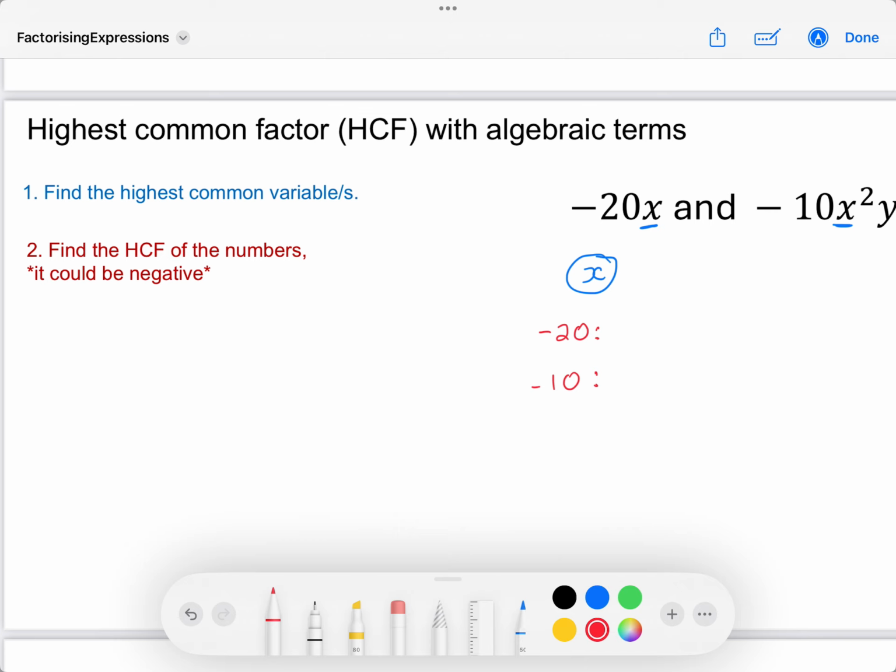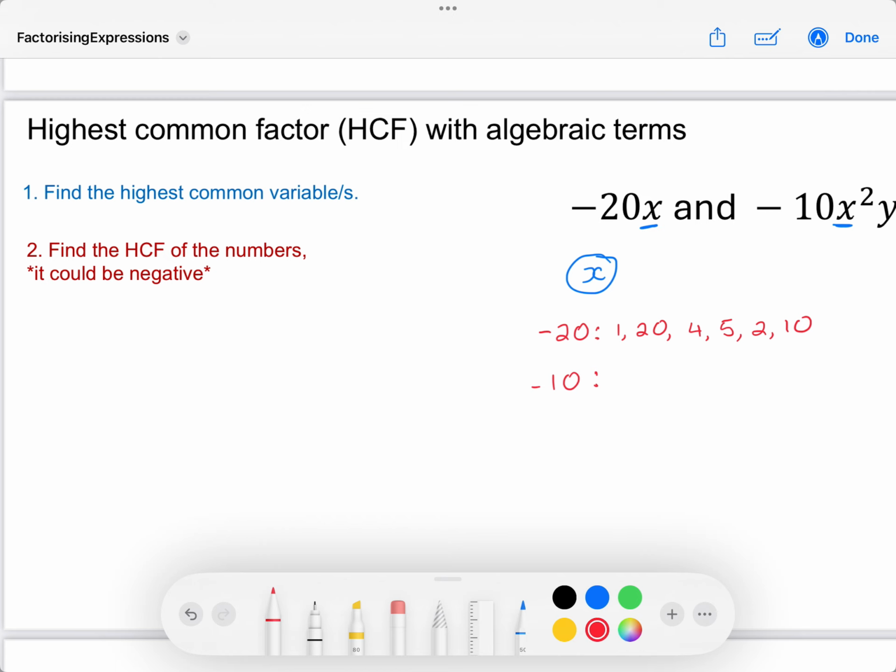Factors of 20 are going to be 1 and 20, 4 and 5, 2 and 10. But note, to get a negative 20, each time I must have one of the factors being negative. So either it's negative 4 and 5, or 2 and negative 10, etc. I'm just going to put the positive version of the numbers down for now.